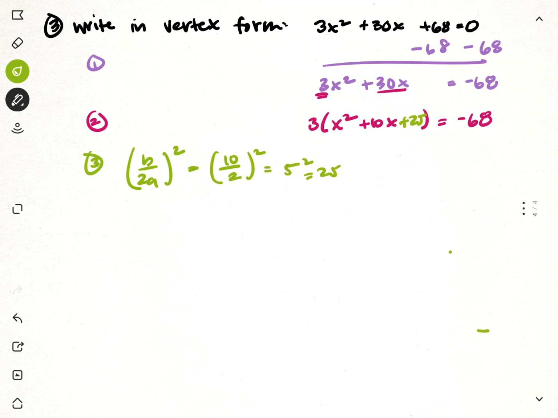So I'm going to add 25 in the parentheses, but then remember again, we have to multiply by the number outside to figure out what's going to be on the right side. So 25 times 3 is 75. Again, 25 times the 3 in front to get 75.